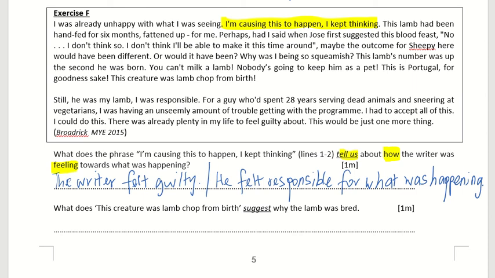Next question. What does this creature was lamb chop from birth suggest? Why was the lamb bred? So this creature was lamb chop from birth. What's lamb chop?